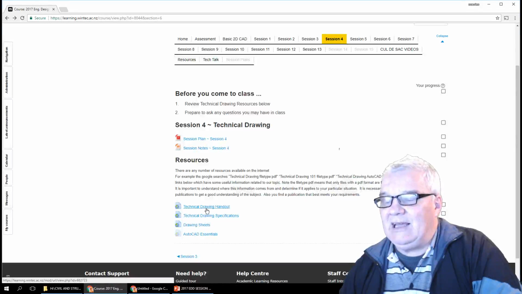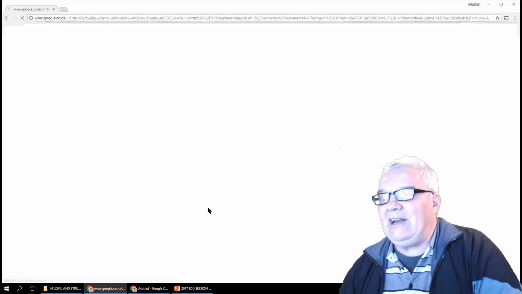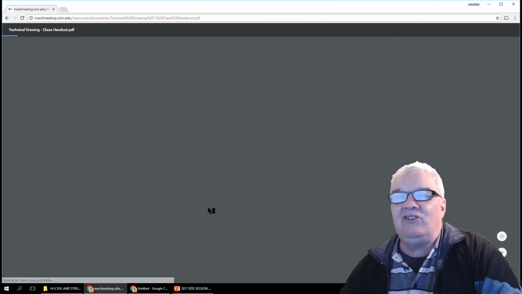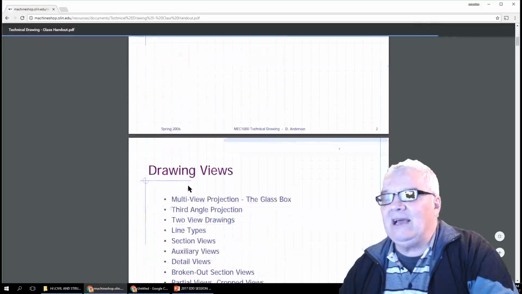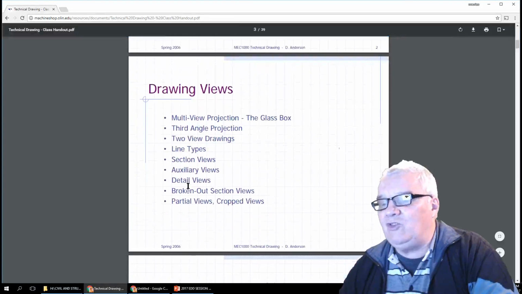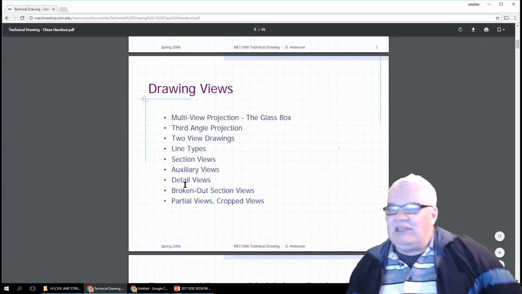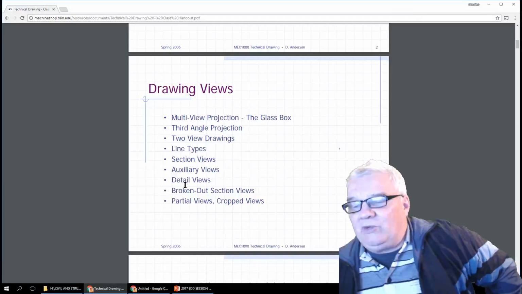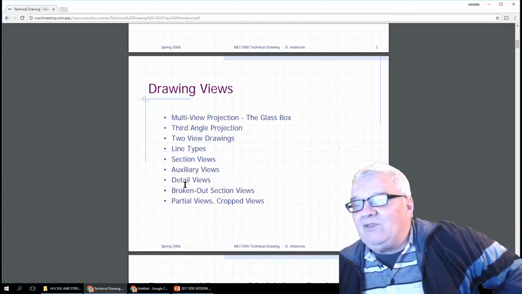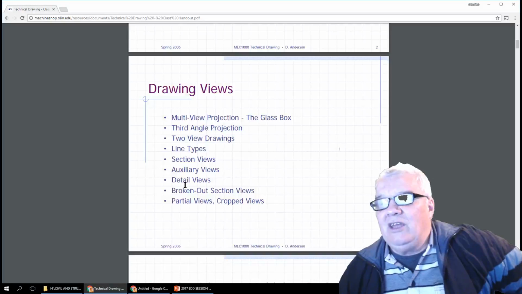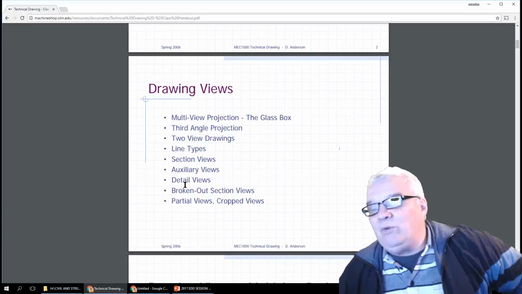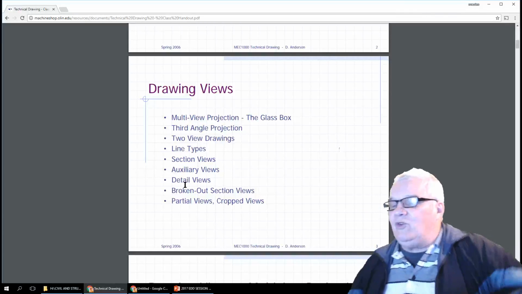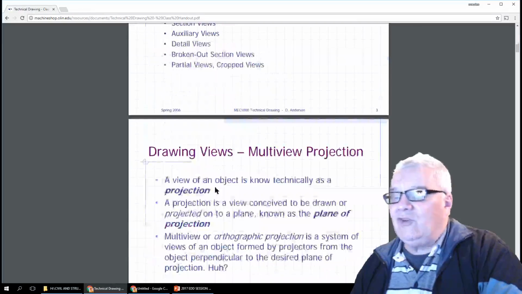This one here, just a technical drawing handout. Again, just some more information about the types of views and why you do them. Now, particularly because we have the different disciplines, some of you may have different views. So the use of these views and how they relate and their relevance and background may be, say, more important to the mechanical students than to the civil students, for instance.